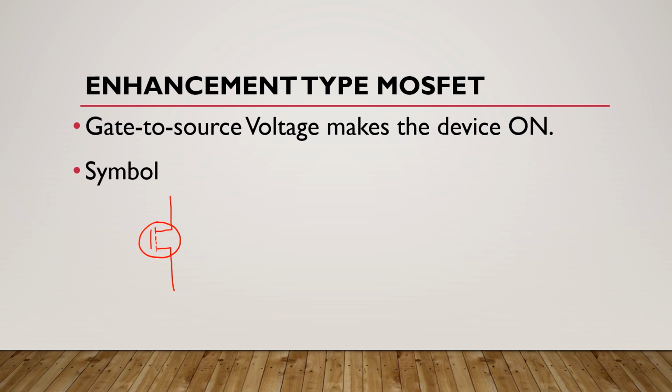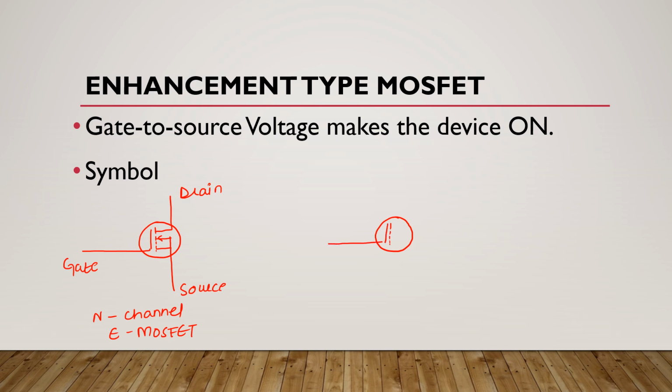Okay. Now this terminal is gate. This terminal is drain. Here we have source and here the arrow is like this. So this is the symbol of an N-channel E MOSFET. Now what about the symbol of a P-channel E MOSFET? It is like this.